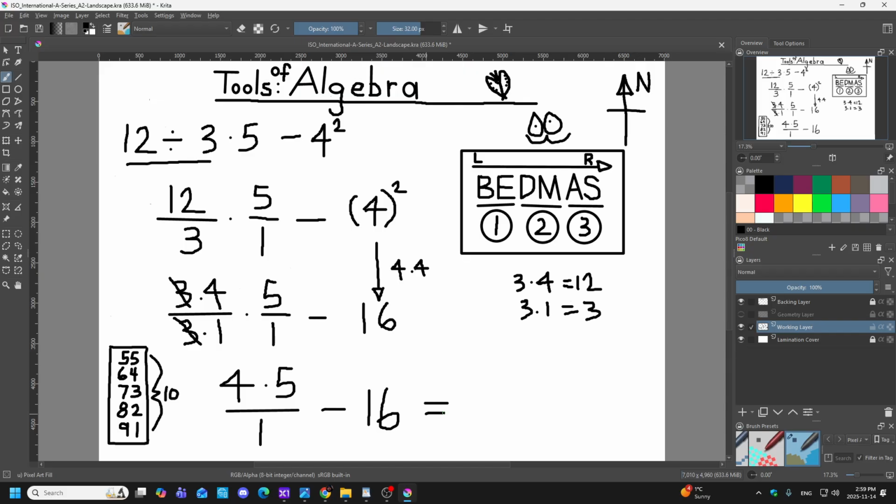Continuing on, I'm just going to put some equal signs here. Show the work, I guess. And we have 20 subtract 16, which equals 4. Kind of running out of room here, I do apologize.